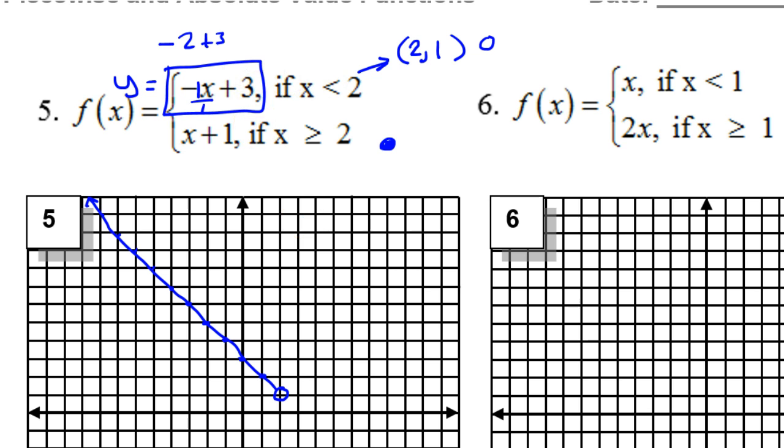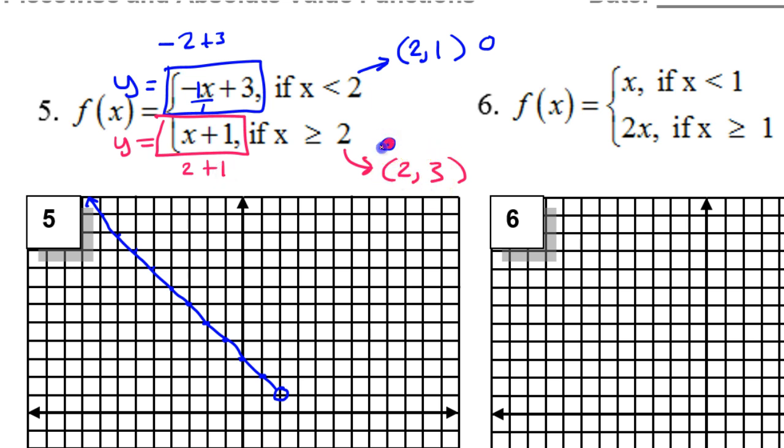Now let's change colors and graph the other piece of the function, y equals x plus 1. Again, I'm going to start with my endpoint, which is going to be 2, something. Substituting 2 for x gives me 2 plus 1, which is 3.